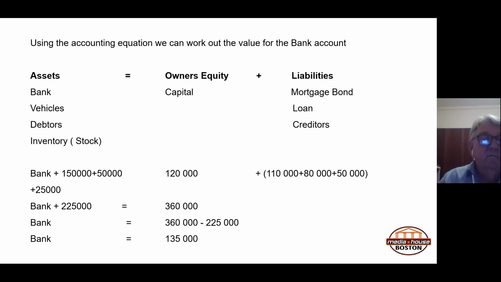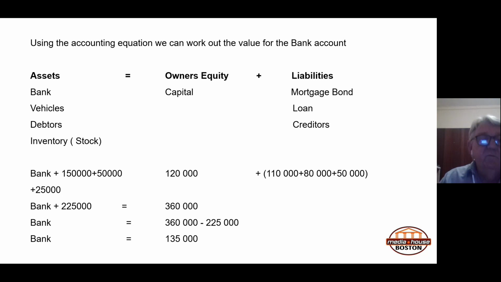The bank plus vehicles of 150,000, plus debtors of 50,000, plus stock of 25,000, must be equal to capital of 120,000 plus the bond of 110,000 plus the loan of 80,000 plus the creditors of 50,000.